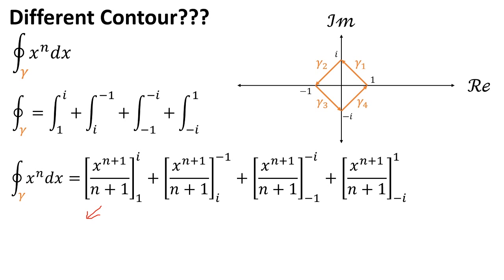What is this? i to the n plus 1 over n plus 1 subtracts, because remember, you have to subtract. Now you have to subtract this part, 1.